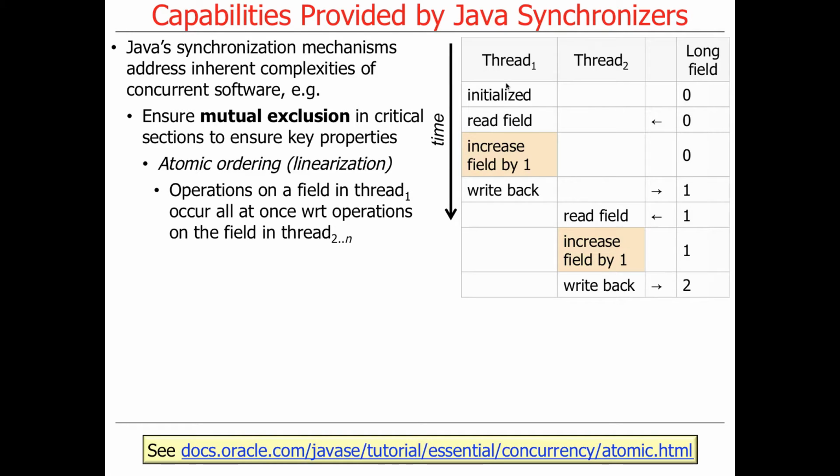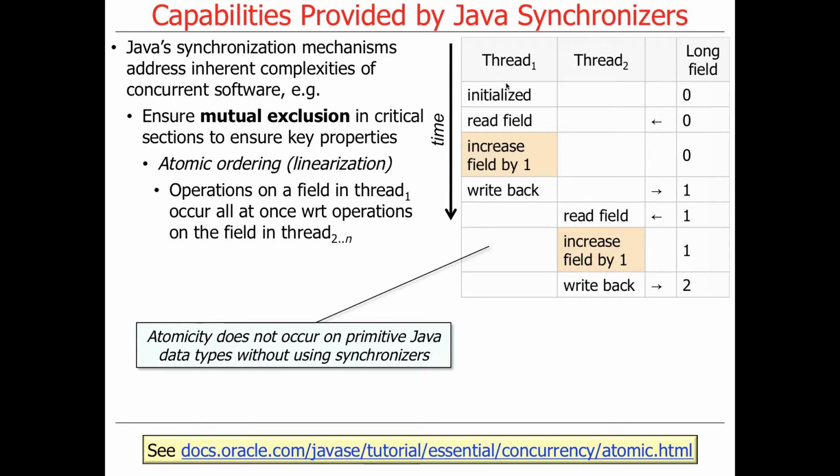Thread 1 reads the field, and then it increments the field by 1, and it writes the result back. And only then can thread 2 come along and read the field, increment the field by 1, and write it back. So this particular sequence of events would be considered atomic, because we're not doing a partial read or a partial write of that field while someone else is looking at it or modifying it. We'll take a look at some examples when that isn't the case in just a second. So that would be an example of atomicity.